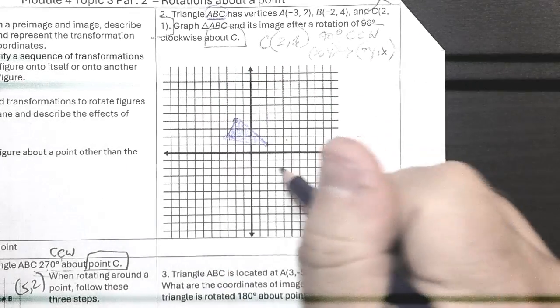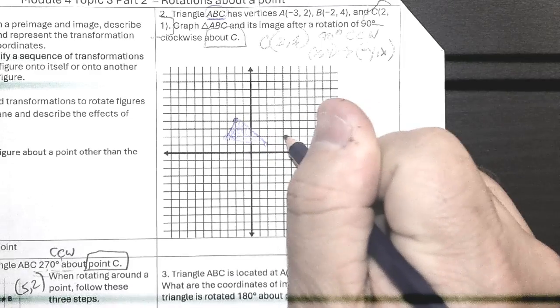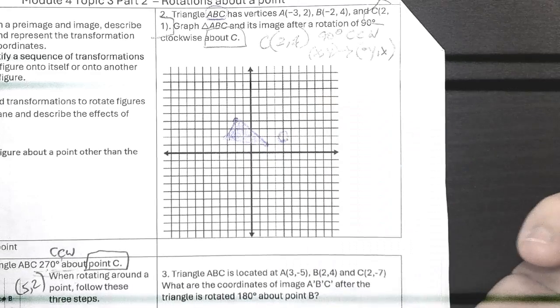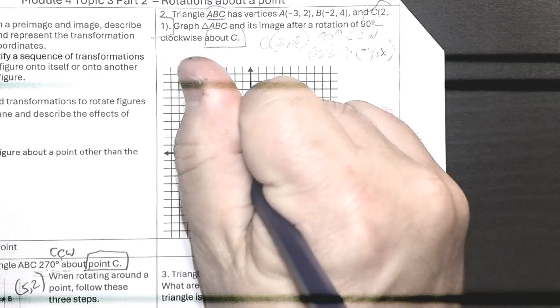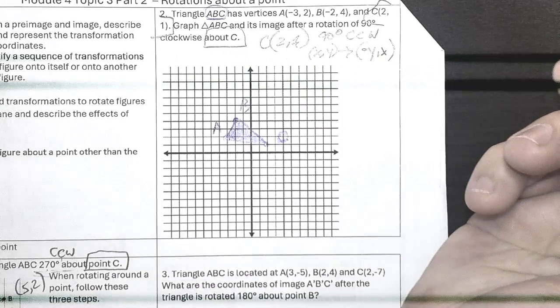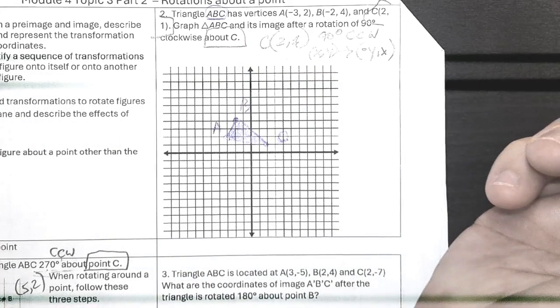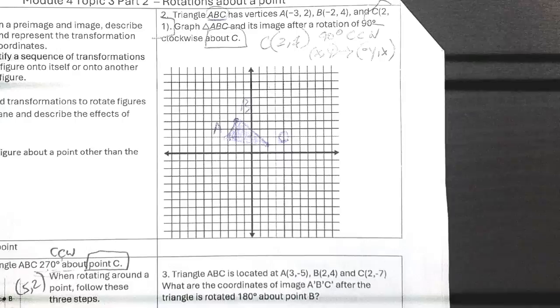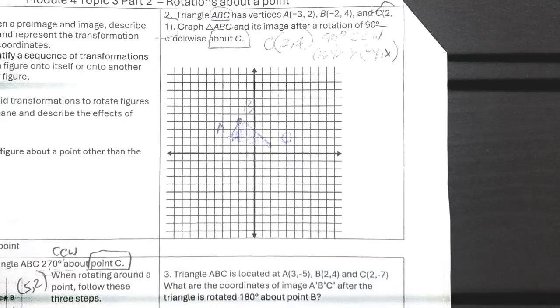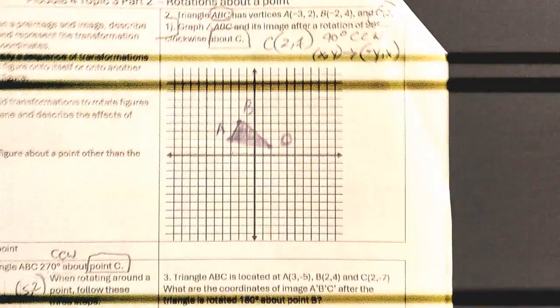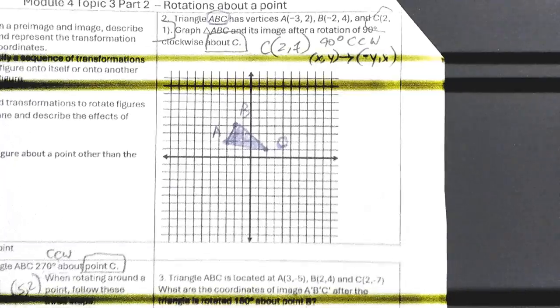Let me think. If we're going 90 counterclockwise, we would go this way. So if I write it over here, you'll still see it. This was A. This was B. Okay. So now we're going to, just a second, trying to make this a little easier to see.